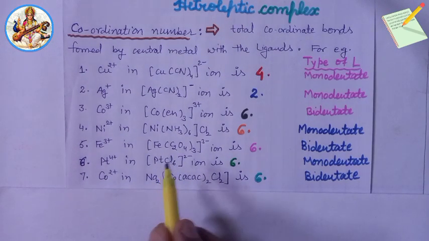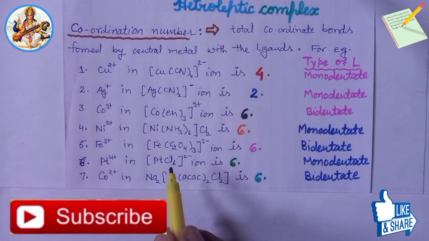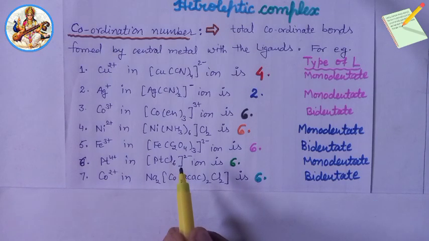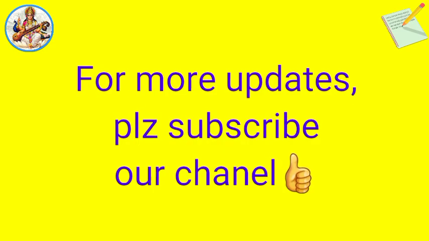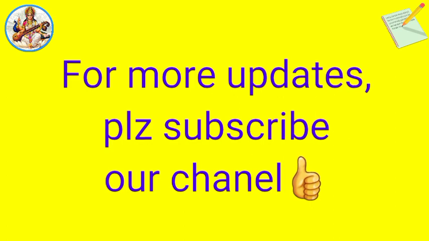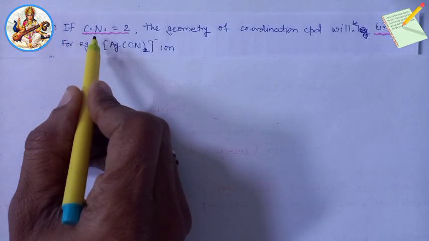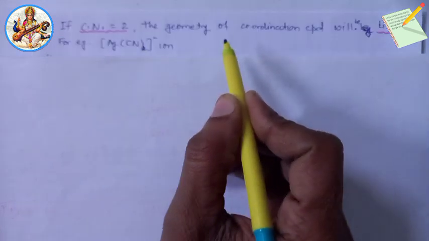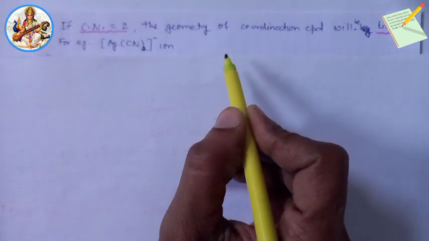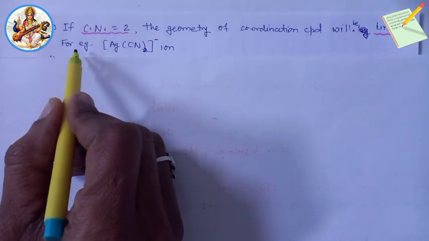Now, the next important thing: the coordination number of the central metal in a coordination compound or ion is responsible for the geometry of the complex. Very important. If the coordination number is 2, the geometry of the coordination compound or ion will be linear.